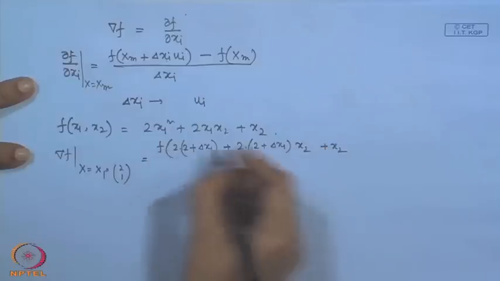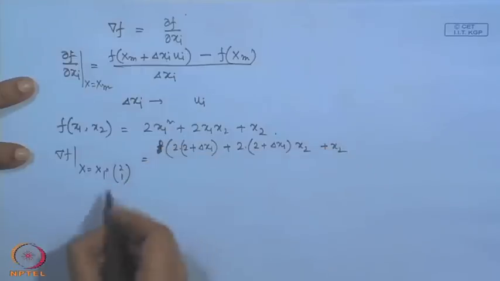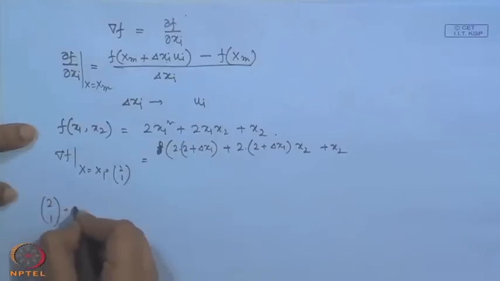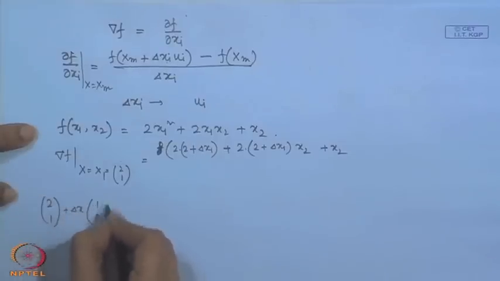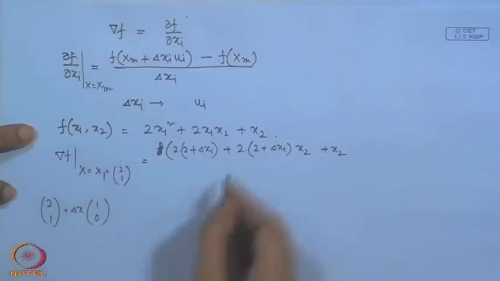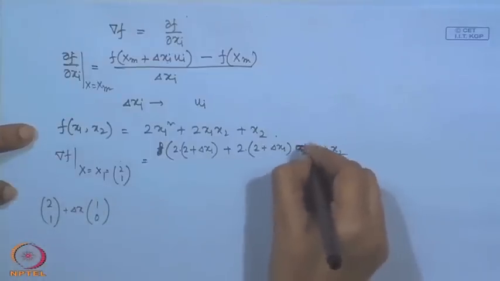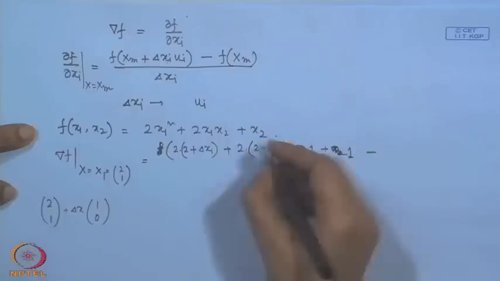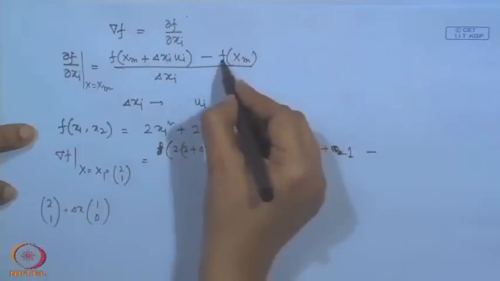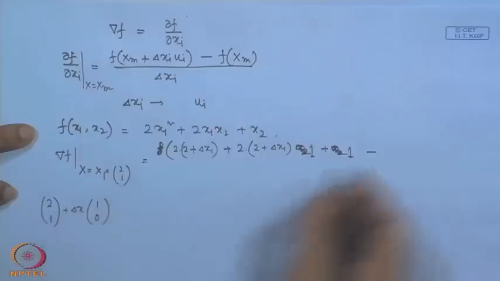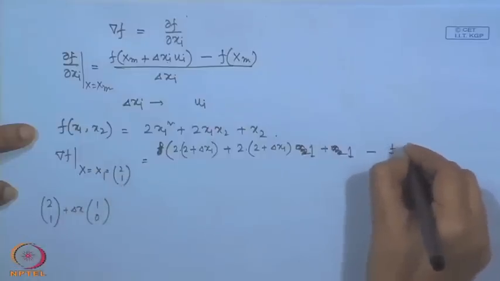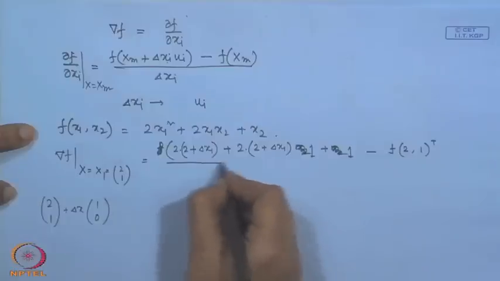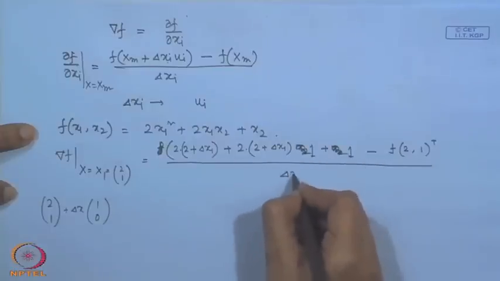This is the functional value at point 2 plus delta x 1, 1. Clear? x 2 is 1 here, minus the functional value, that is f at point x 1 itself. That is why we will consider f at 2, 1, divided by delta x 1.